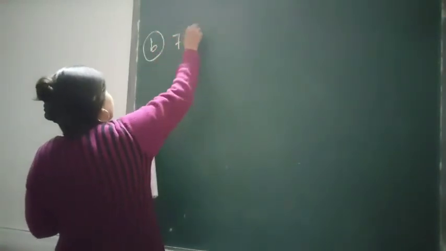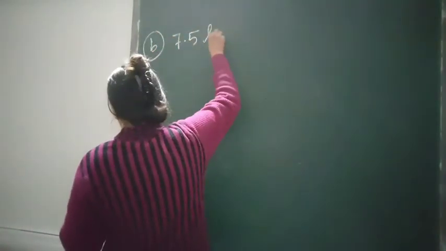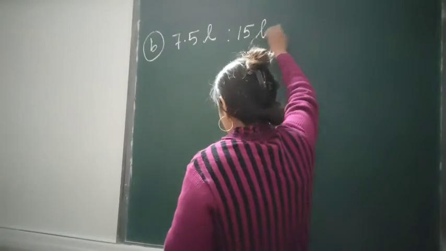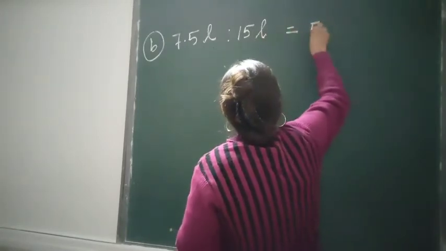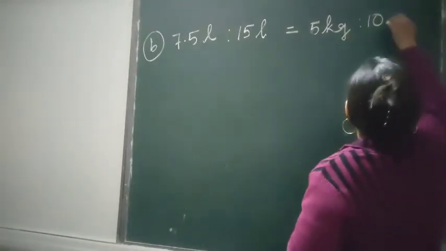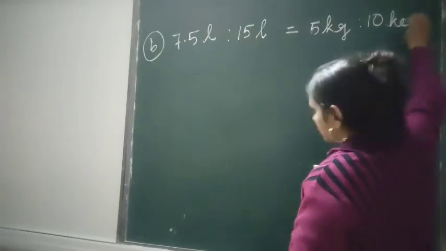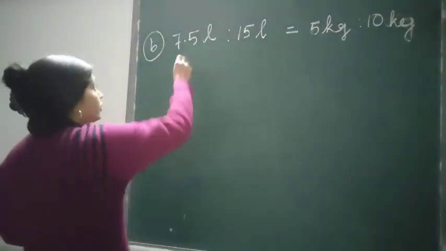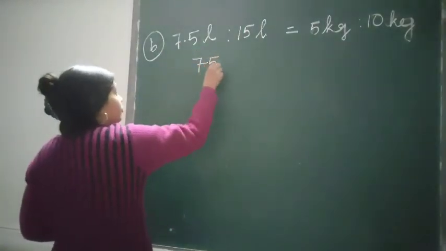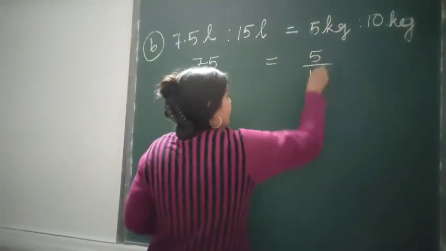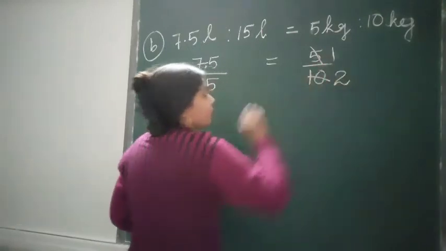And the B part is 7.5 liters is to 15 liters, 1 by 2.